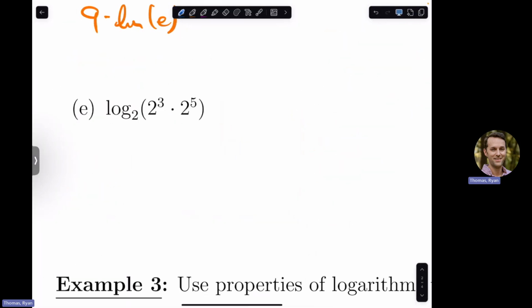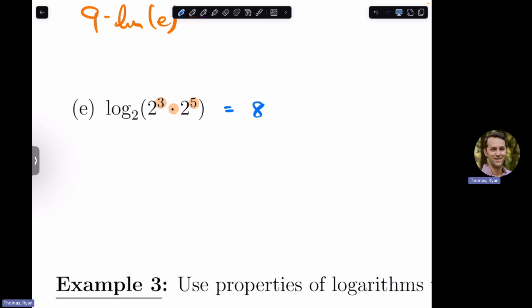So then I know that the log base 2 of 2 cubed times 2 to the 5th is 8. How do I know that's 8? Because the powers were 3 and 5, and you're multiplying, so what do you do? You add them together. Right?